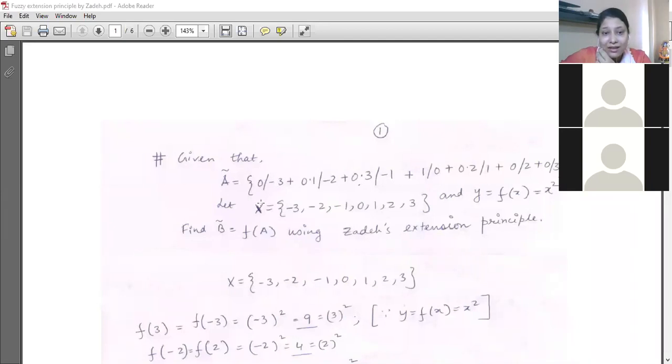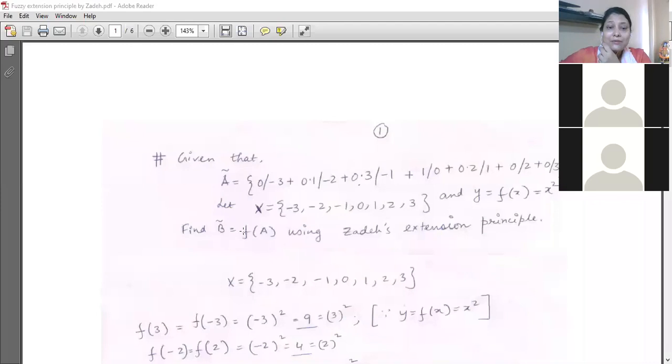Suppose this is a capital X set, and obviously it has small values x1, x2, x3, x4, x5, x6, x7. That means this capital X set has 7 linguistic variable values.